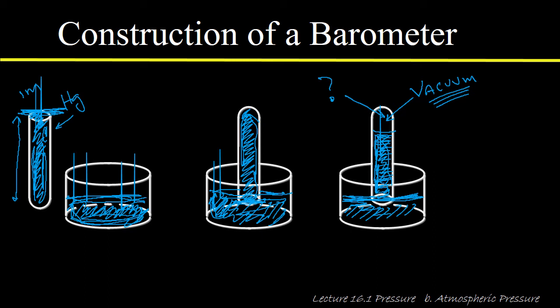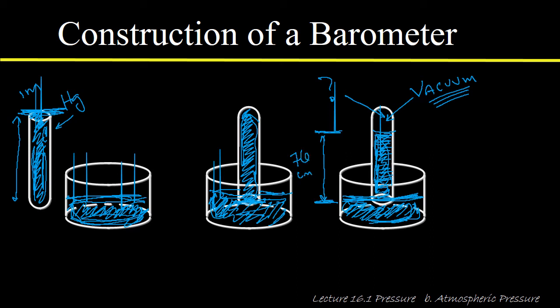The other thing that's interesting is when people did this over and over again, the level of mercury always dropped a little bit, but regardless of how much mercury you have in the dish down here, or how tall the glass tube was, the height of the column of mercury remaining in the tube, the height from the surface of the liquid up to here, was always the same.